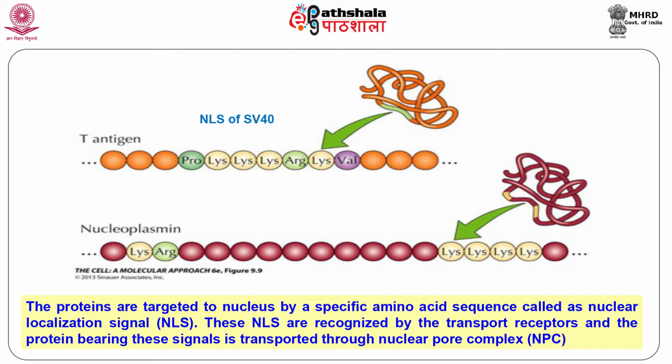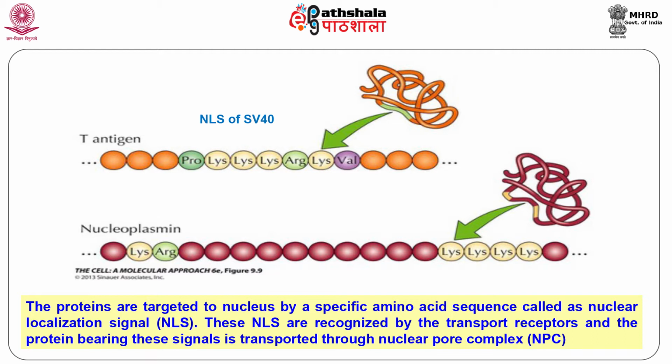The slide shows you two different types of nuclear localization signals. The first nuclear localization signal was characterized in simian virus 40, that is SV40. The nuclear localization signal in SV40 was a 7 amino acid sequence necessary for nuclear transport of T antigens.